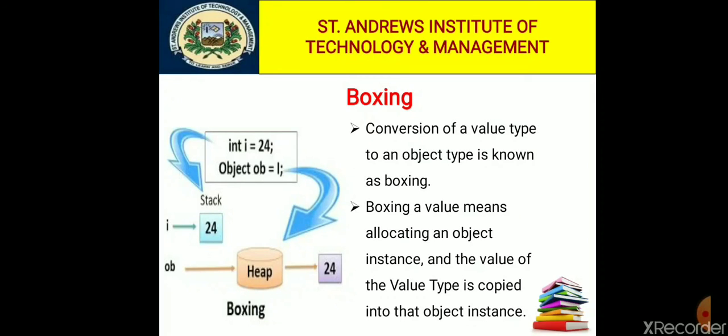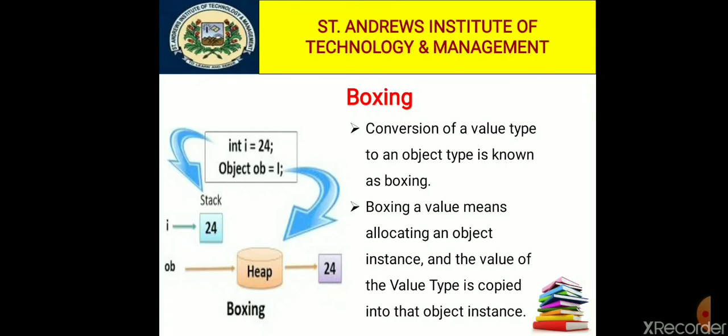So basically, if we have value type data and we want to convert it into object type, then we use the boxing process.